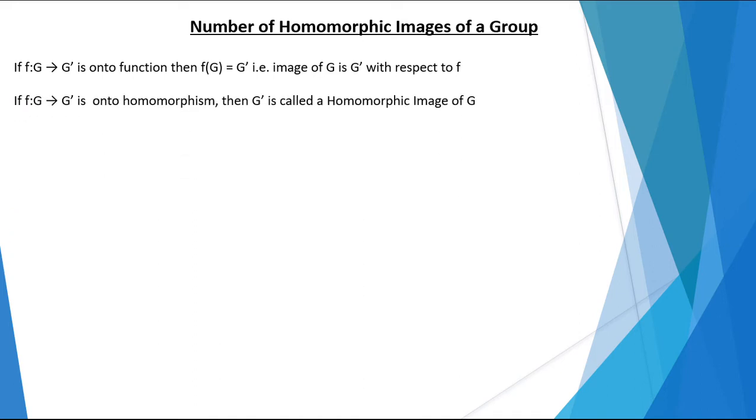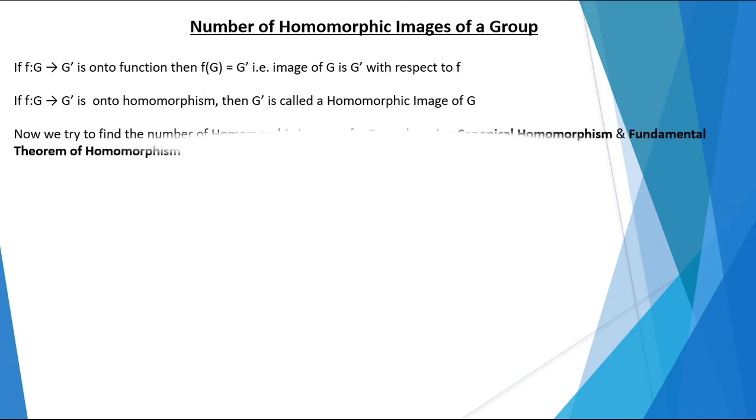If f from G to G dash is an onto homomorphism, then G dash is called a homomorphic image of G. Now we try to find the number of homomorphic images of a group by using canonical homomorphism and fundamental theorem of homomorphism.